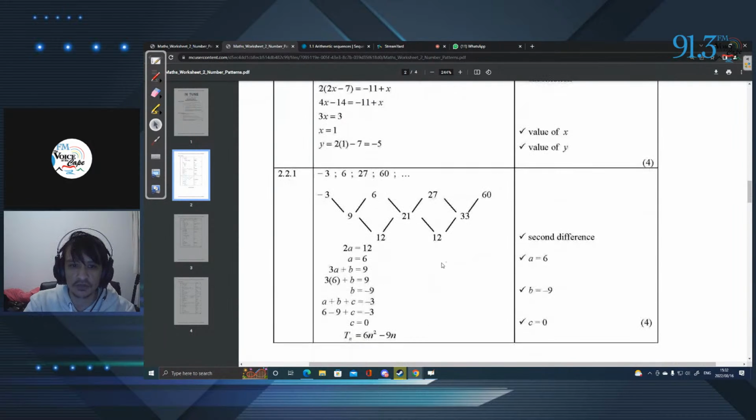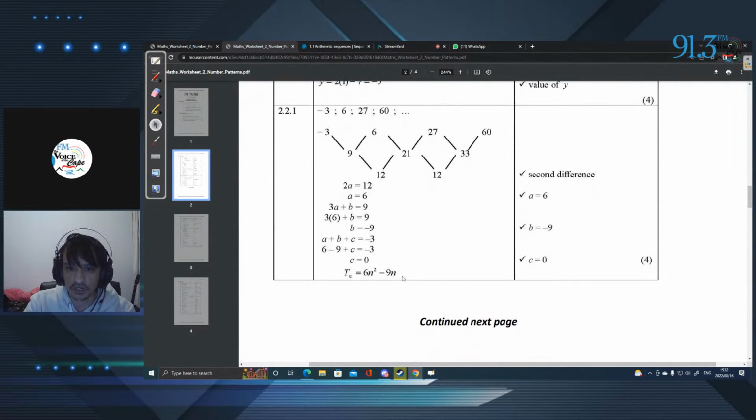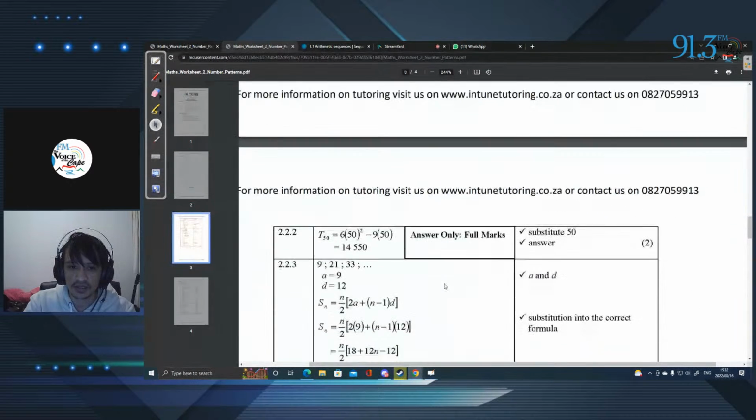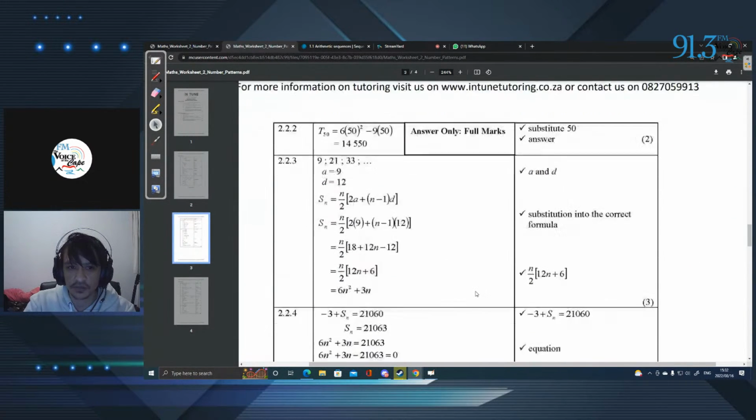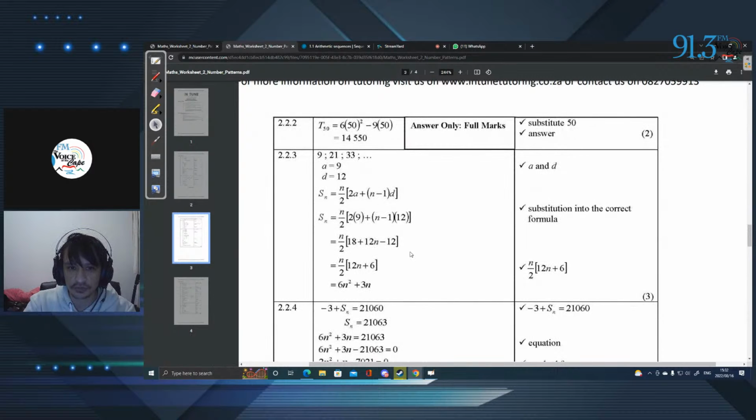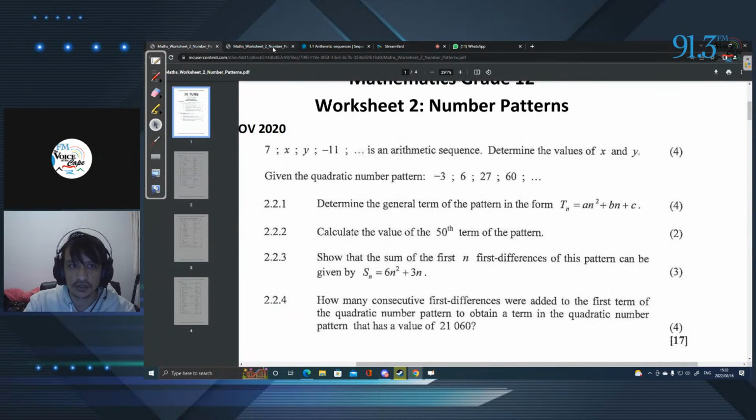Y was negative 5, x was 1, which was correct. We got the correct quadratic formula as well. And we also got the correct value, 14,550. Now, if we look here they show 2.2.3. We got 9, 21, 33, right?